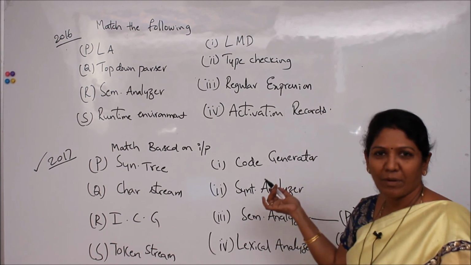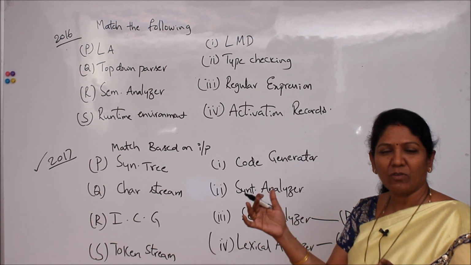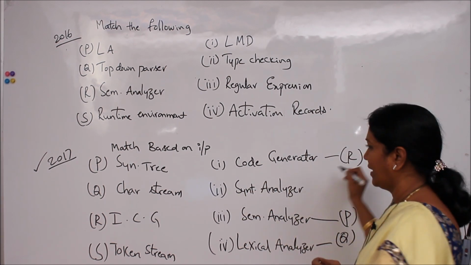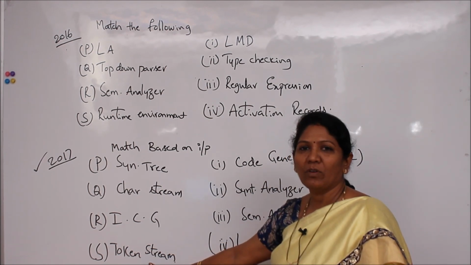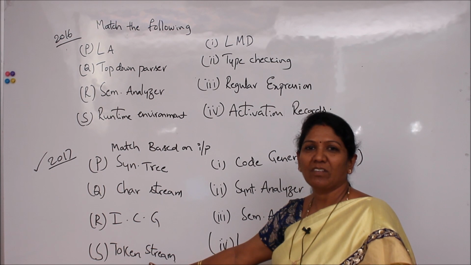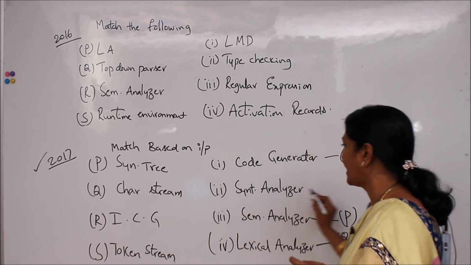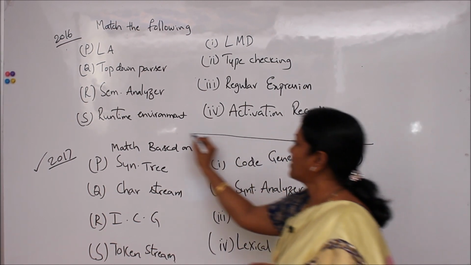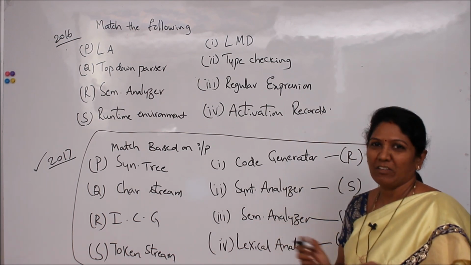If you take out the optimization, whatever the intermediate code produces, the 3 address code, from there target code is generated. And then token stream is the output of lexical analyzer, and that will be sent to syntax analyzer. So token stream will be input for syntax analyzer. So we have seen the phases of compiler. From that we can actually match all this based on input.